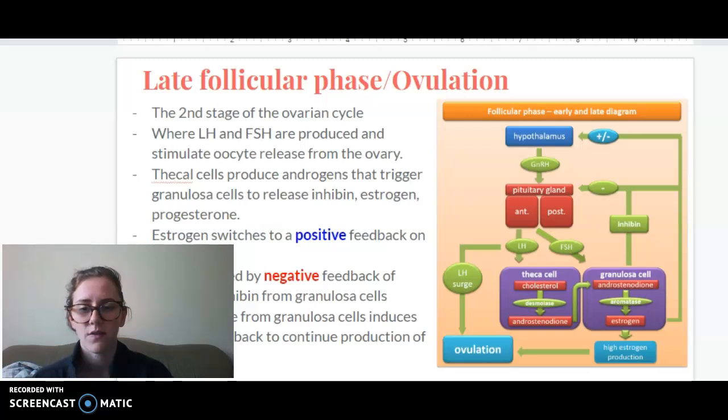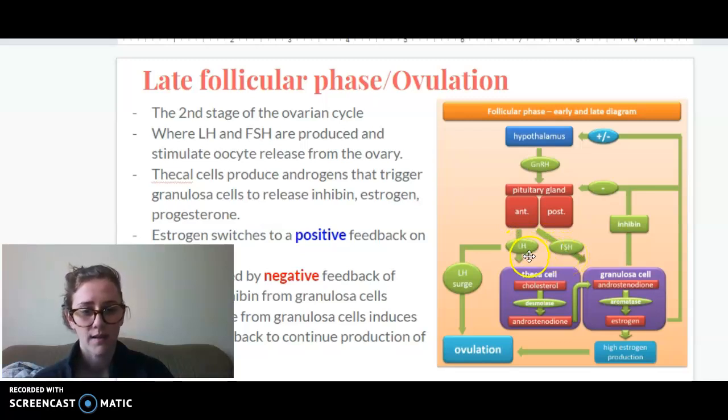At the end of the follicular phase that we previously saw, the theca cells produce androgens that will trigger the release of estrogen, and it will also trigger the release of progesterone and inhibin from the granulosa cells. So estrogen will actually switch to a positive feedback on the gonadotropin hormone, which then will cause the anterior pituitary to secrete more LH and FSH.